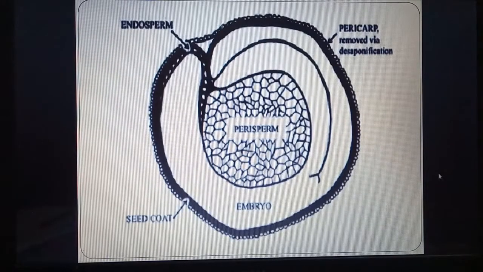Here we can see a diagram. So seed coat, endosperm, then embryo, and in the center we can see perisperm. And the outermost layer is pericarp. So pericarp is the covering of the fruit, while perisperm is the remnant persistent nucellus.